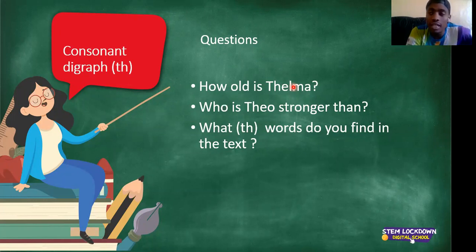I'll give you 10 seconds more to write down the question. 10, 9, 8, 7, 6, 5, 4, 3, 2, and 1. Another 10 seconds. 10, 9, 8, 7, 6, 5, 4, 3, 2, and 1. Back to the story.